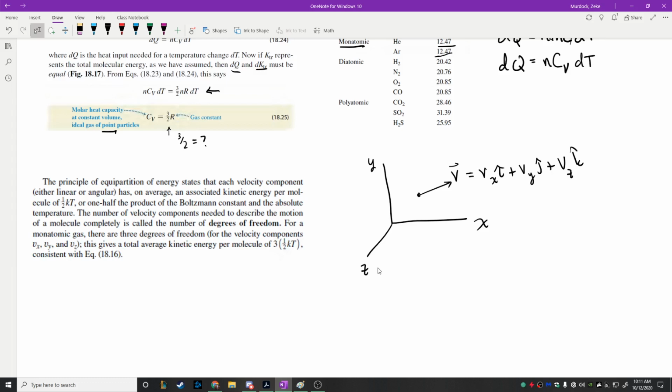You need at least 3 numbers, vx, vy, vz, to describe the motion of an individual molecule. So those 3 things lead to 3 degrees of freedom.